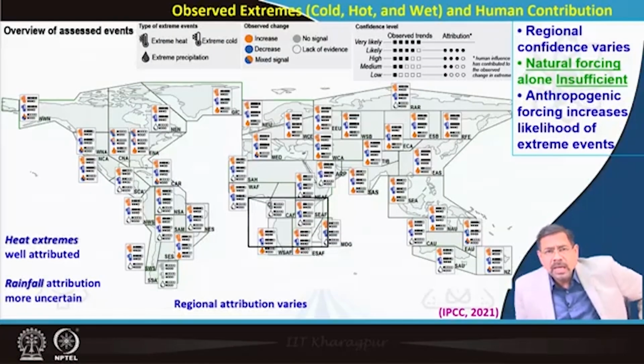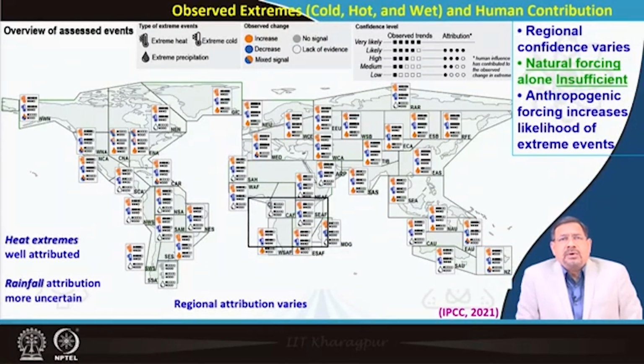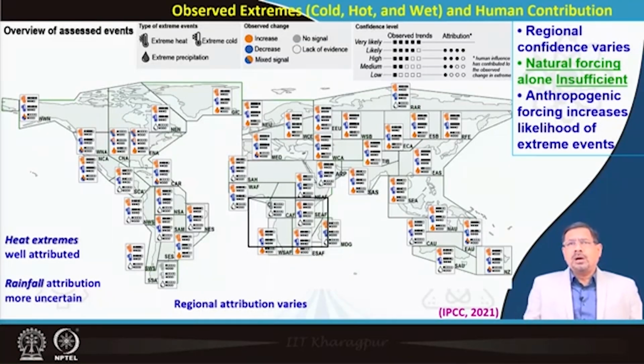Now, when we try to understand this in terms of extremes, we come out with cold, hot, wet and this kind of situation, and the human contribution. So, heat extremes are well attributed, while rainfall attributions are more uncertain.